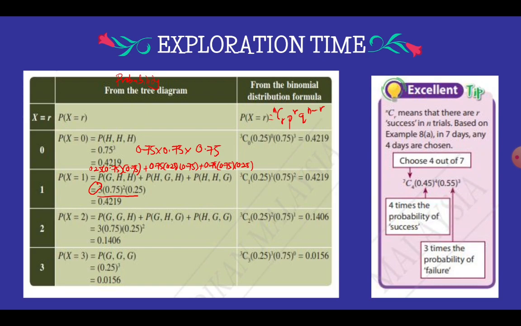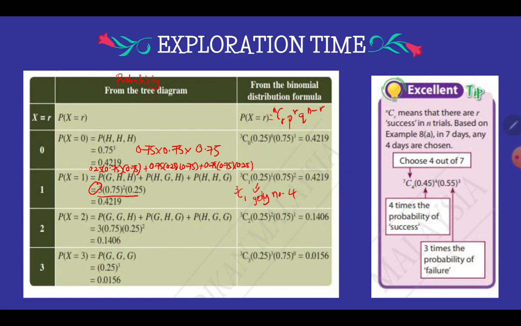In this case, R represents getting number 4. So what does 3C1 mean? From 3 flips, only once do we get 0.25, which means getting number 4. That is why it is 0.25 times 1, and in the other 2 flips we do not get number 4, so that is 0.75 to the power of 2.